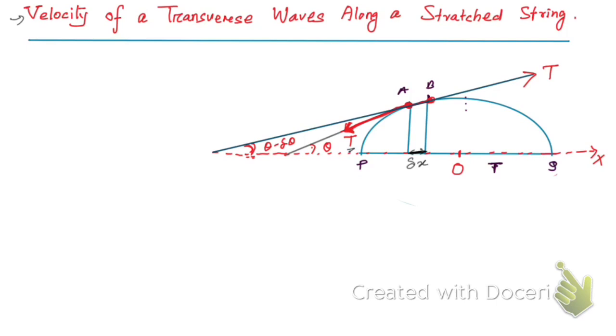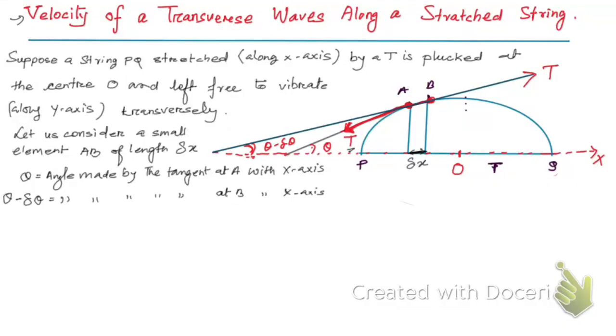Now you see here. Let me write all the things that I have considered here. Pause the video and write what I have considered. I have written here. So this string is plucked, that means it is pulled upward at the center, and here I have considered a very small element AB, and its length is delta x.